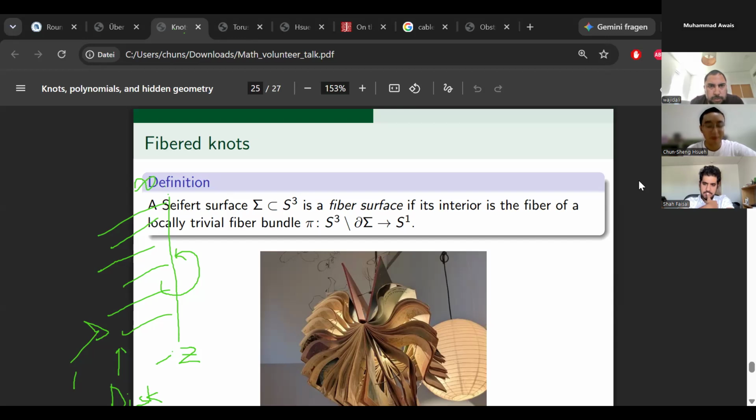You're asking because I talked about the fundamental group of knot complements. Because then there should be a bunch of invariants for knots, like higher homotopy and so on. I don't know. I have never seen somebody talking about that.